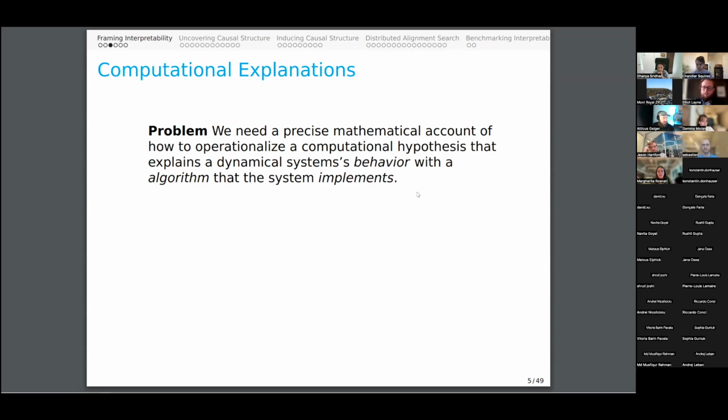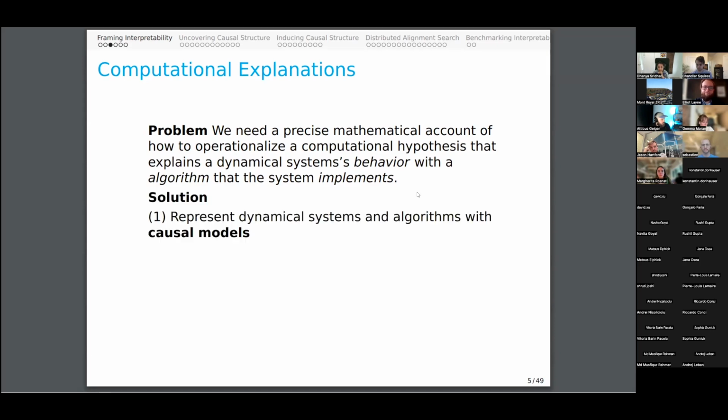Basically, I think causal abstraction is the answer for how you go about grounding that relationship precisely. The solution is you represent any of these dynamical systems with some sort of causal model, and you also represent the algorithm with a causal model, and then you cash out the relation of implementation in terms of causal abstraction.